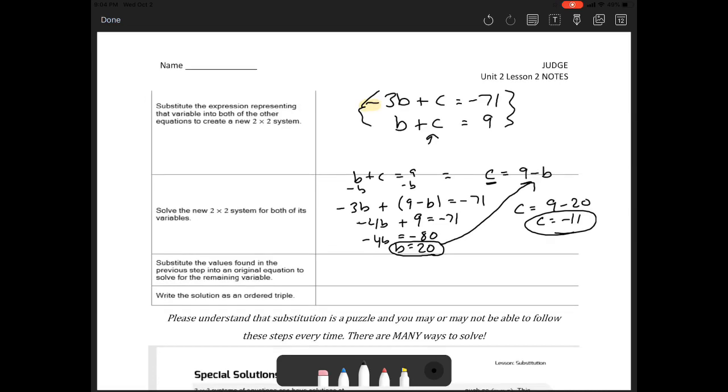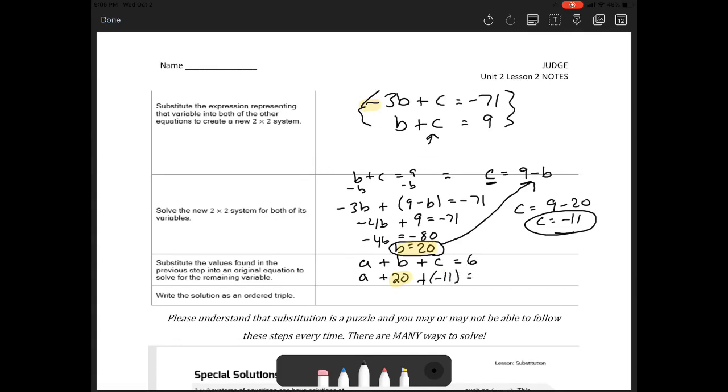So I have 2 of my variables now. And now I have to plug both of those in to get my a. So we're going to go back to the easiest one that we had before, which was a plus b plus c equals 6. So I'm looking for a. That's our mystery one. But then we have plus b, which is 20, right here.